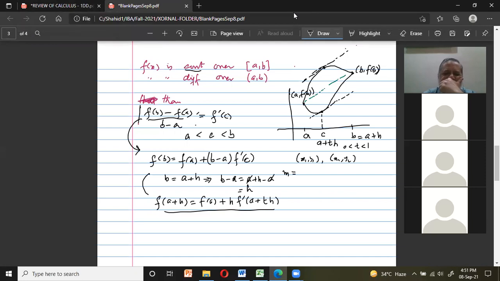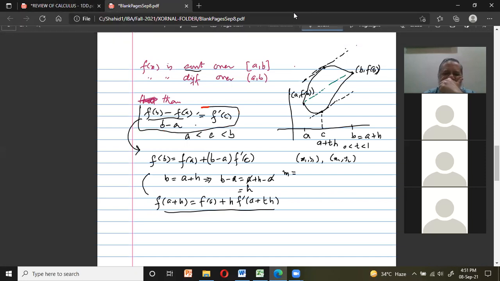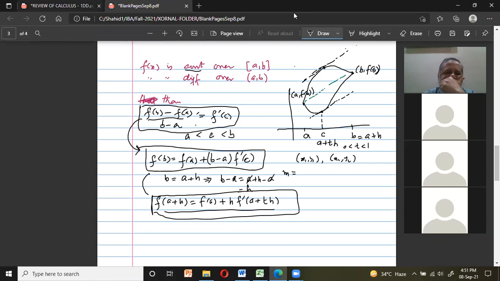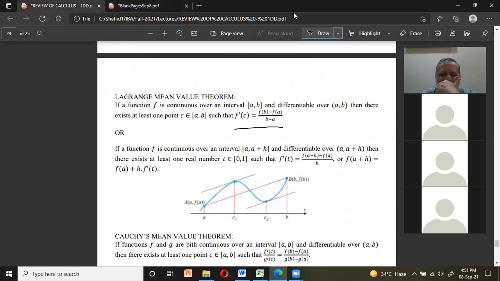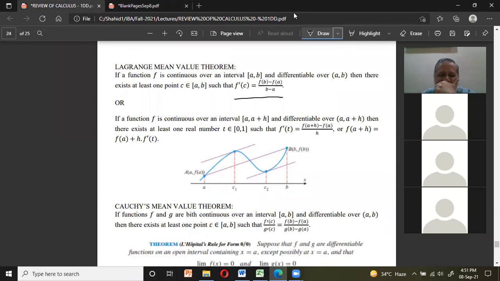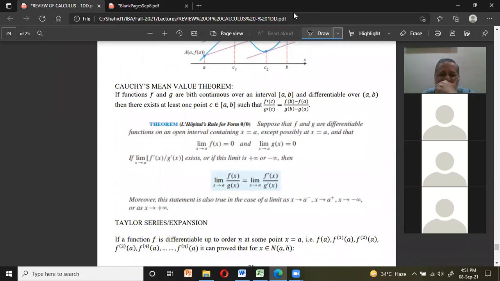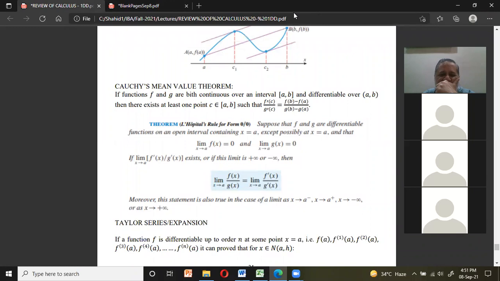So the basic form of Lagrange mean value theorem is this. The alternate form is this. And another alternate and useful form is this. Out of these, Lagrange mean value theorem is important, and I have discussed the idea of this.